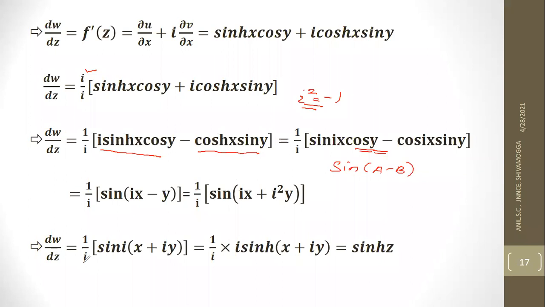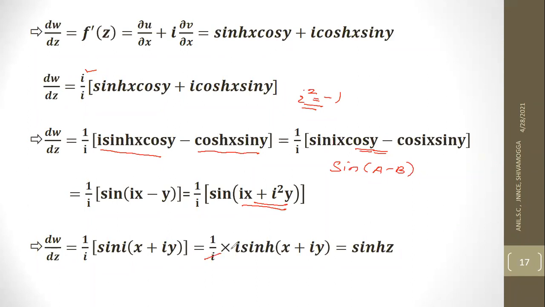This is equal to 1 by i into sine. Here take i as common factor. As i comes outside, what you get within the brackets is x plus iy. This is equal to 1 by i into, we know that sine i theta is equal to i sine hyperbolic theta. Therefore, sine i into x plus iy is equal to i sine hyperbolic x plus iy.